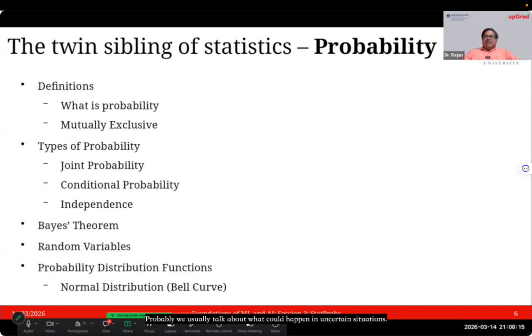Probability, we usually talk about what could happen in uncertain situations. Okay, so these are the two sides of the coin. The twin sibling of statistics is probability. Okay, so what is probability? There are multiple definitions, but you all have an intuitive idea of what is probability. Okay, and we will learn about all these different ideas.